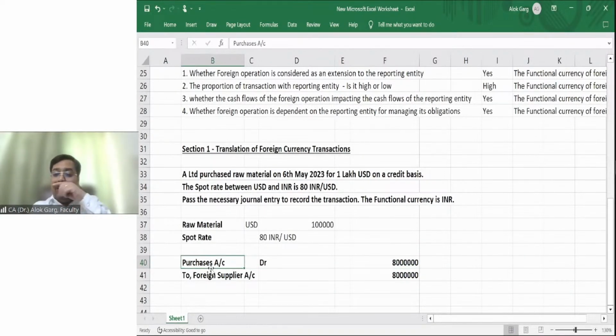So this is the accounting entry, and this is how it has to be measured at the time of initial recognition. This is known as initial recognition, right?